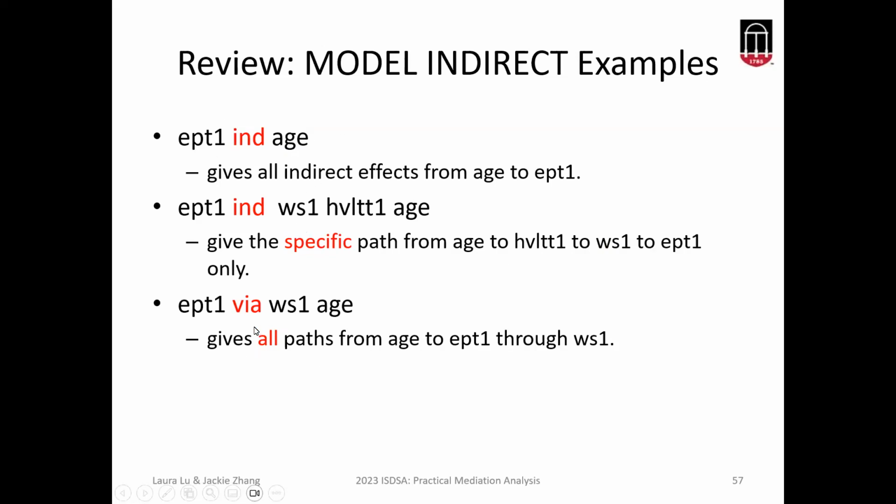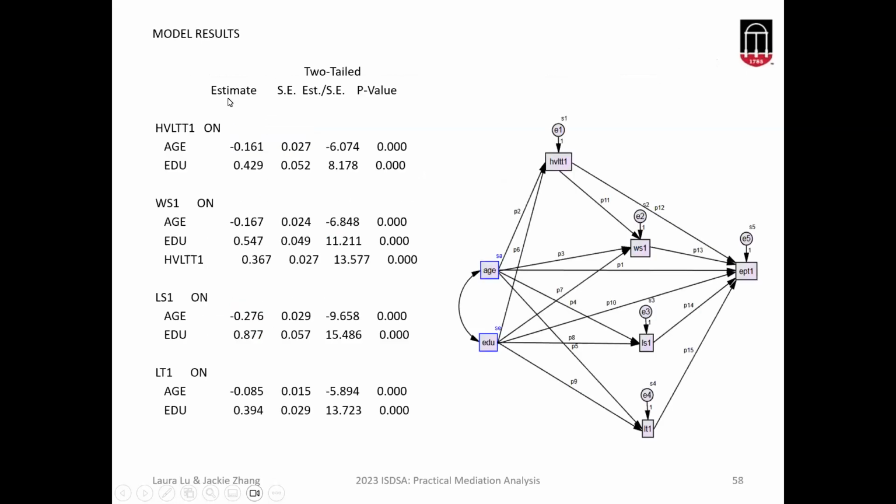And in Mplus, when you run the code here, you have the result reported. This is a revisit of the meaning of IND and VIA. So we have the model results. Here, all the coefficients are listed. HVLTT on H, that is P2. HVLTT on EDU, that is P6.